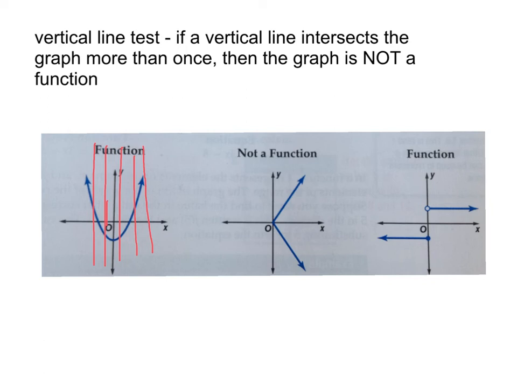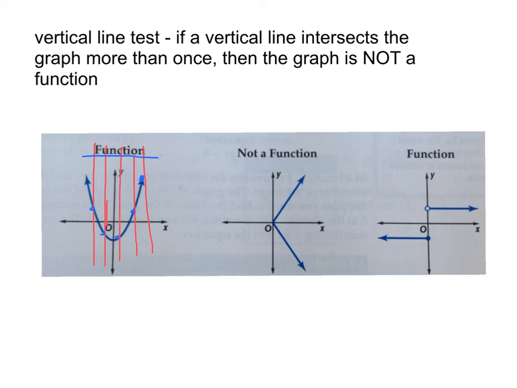Okay, take a look here. Each of my vertical lines only intersects this graph once. Here, here, here, here, and if I'd gotten that one straight, there. Since my vertical lines only pass through that graph one time, that's what makes this graph a function.